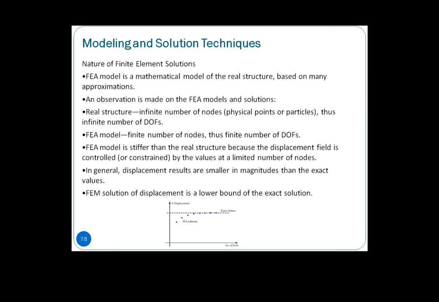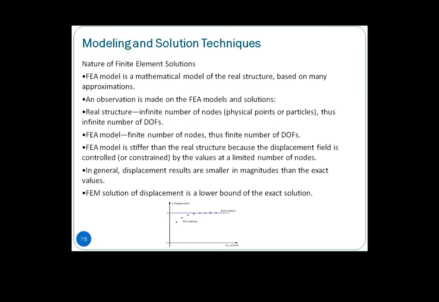All right. In the solutions, we have to remember that this FEA model is a mathematical model of a real structure, and it is based on many approximations, right? If you compare with a real structure, a real structure is a continuous system with an infinite number of nodes, so you have an infinite number of degrees of freedom.